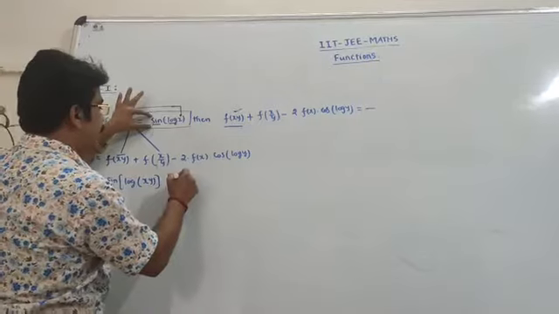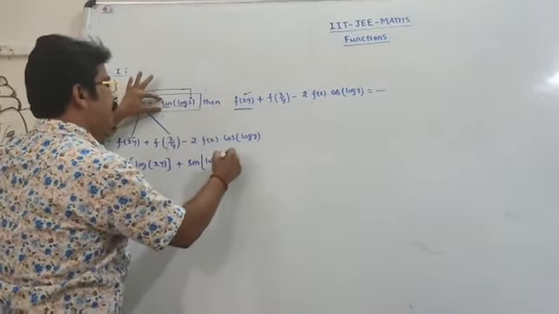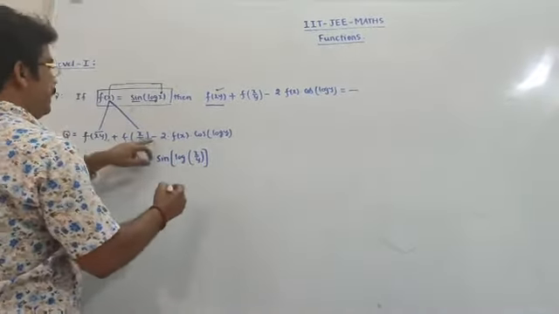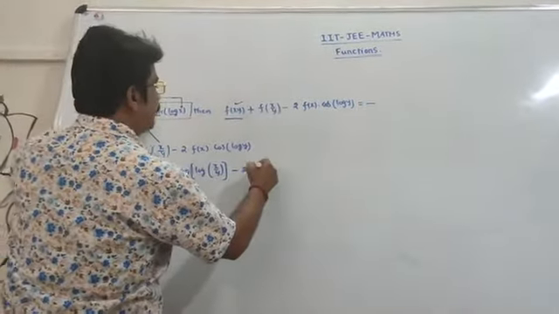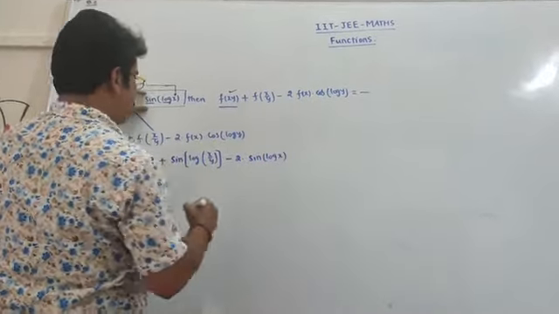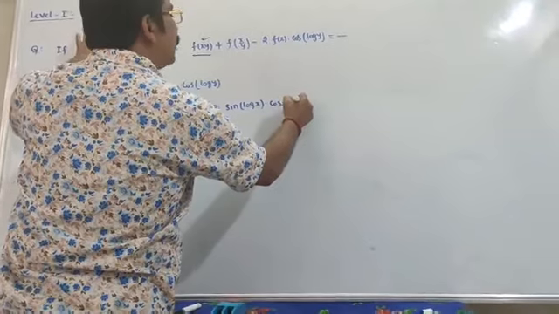Structure same, sine of logarithm of x by y. Next minus 2 into f of x, sine of log x, into cos of log y.